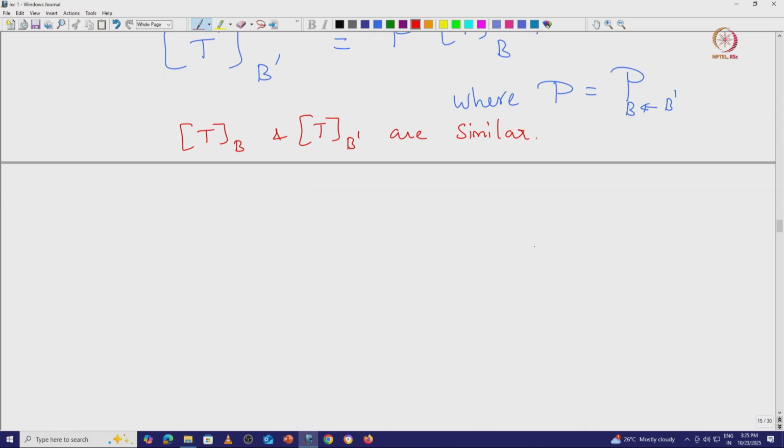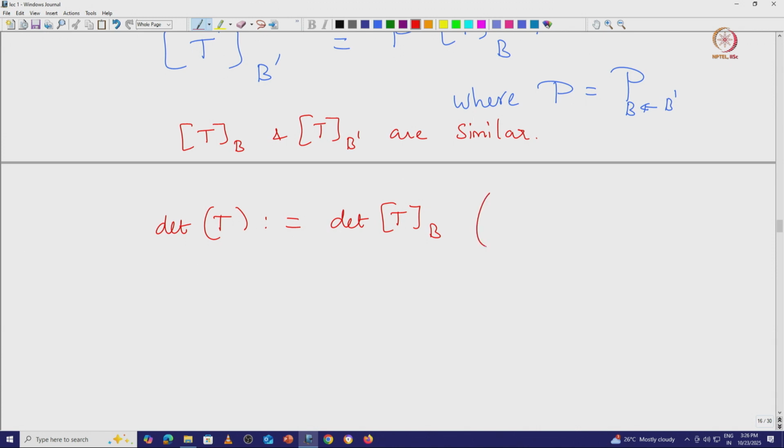So, now once we have this information, this allows us to actually define the determinant of a linear map and the trace of a linear map. So, given this linear map T from V to V, we define the determinant of T to be the determinant of the corresponding matrix representation of T with respect to some basis B. Now, note that if you change the basis, then these matrices are similar. So, that means the determinant will not actually change.